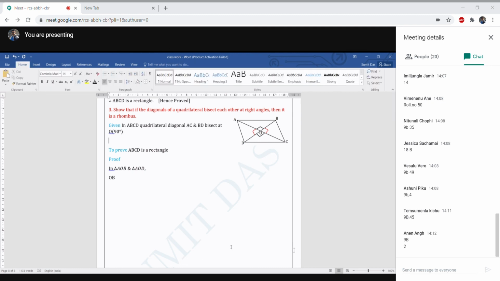So bisect means OA equal to OC and OB equal to OD. Okay, they bisected, so OA equal to OC and OB equal to OD.